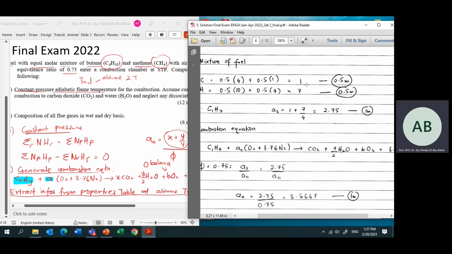Okay, this one, make the correction. So this one is 2.5, and this one also should be 2.5. 0.5 multiplied by 4, it is 2 plus 0.5, so 2.5. So 2.5 from here, this one also correct.